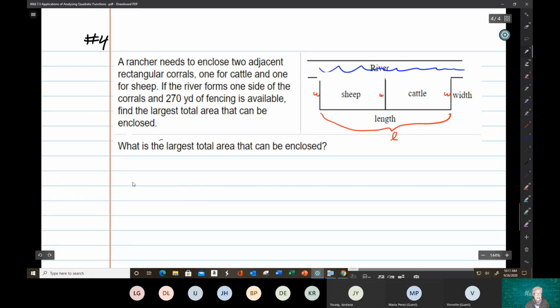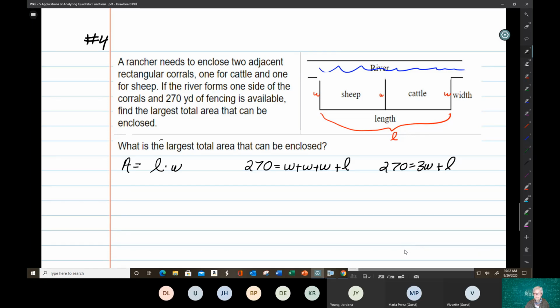Area is length times width. Meanwhile, our 270 yards of fencing is going to go for W plus W plus W plus L. So that will be 270 equals 3W plus L. So we need to get length times width.